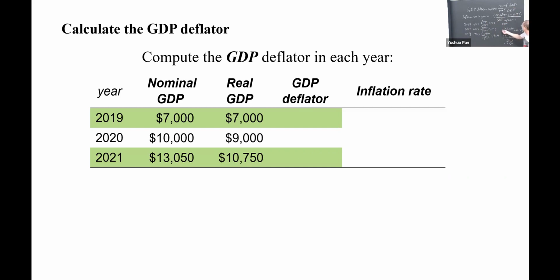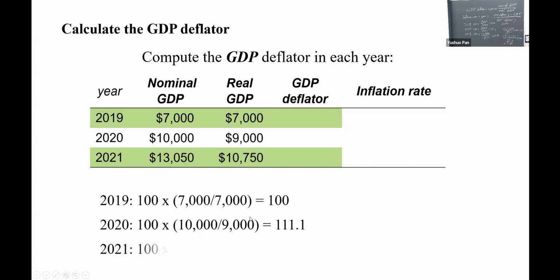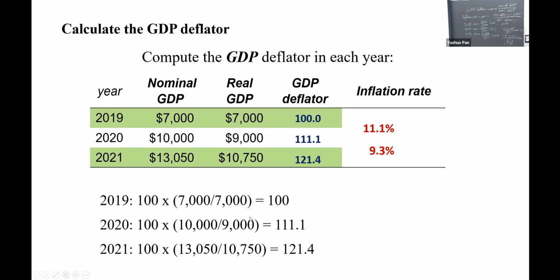So in the numerator you should have the difference, but the denominator should be the GDP deflator in the previous year. So that's the answer for this part: 11.1% and 9.3%.